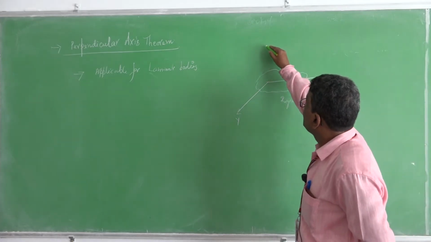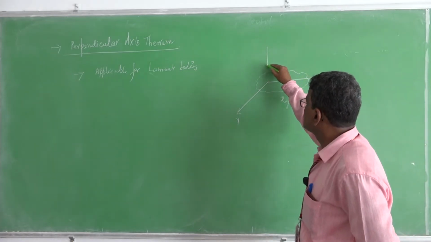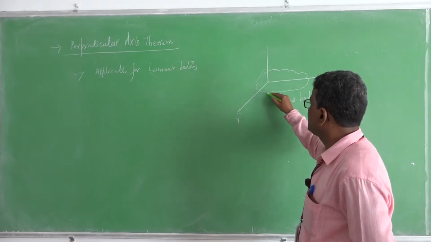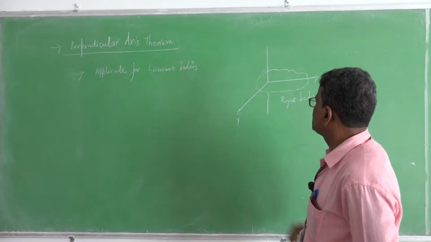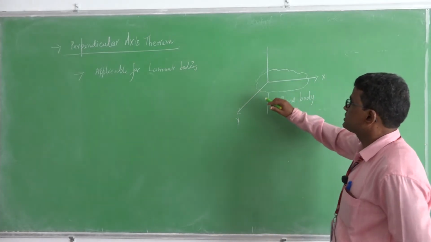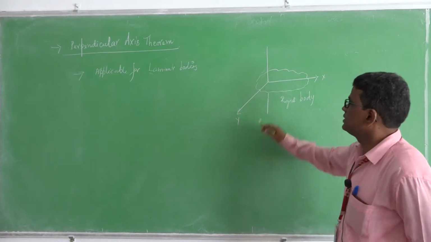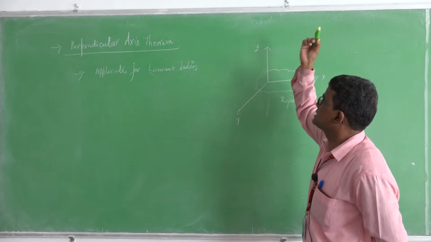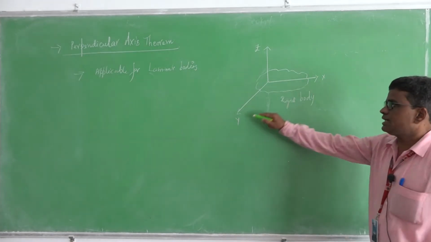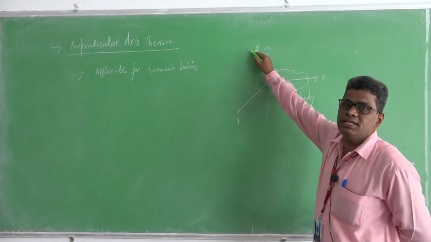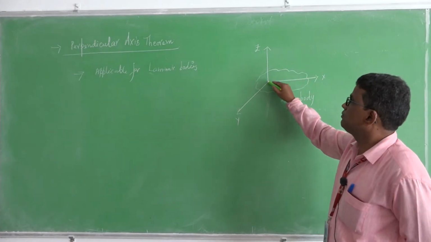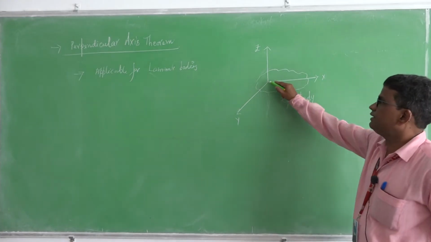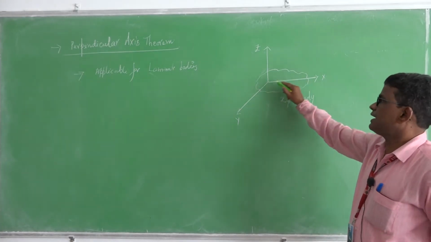Now you choose another axis passing through the point of intersection of the first two axes. Let this be the z axis, perpendicular to the x and y plane.